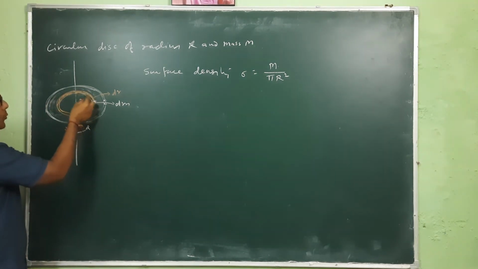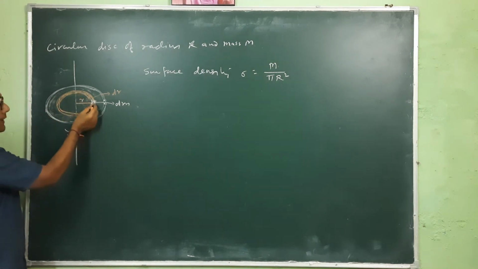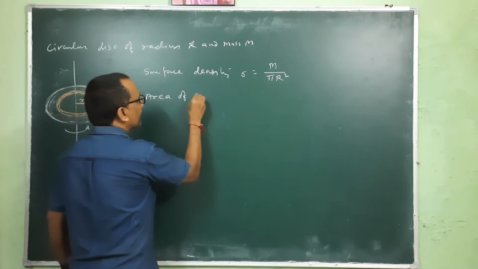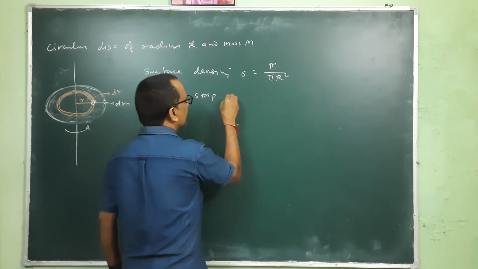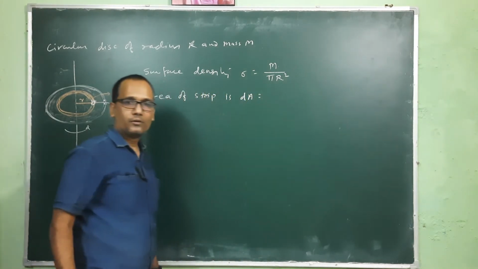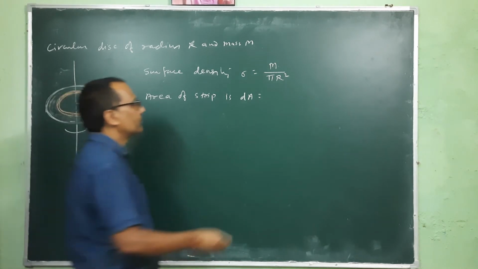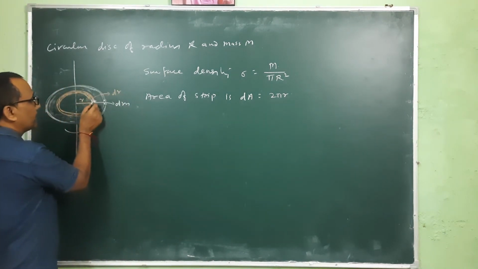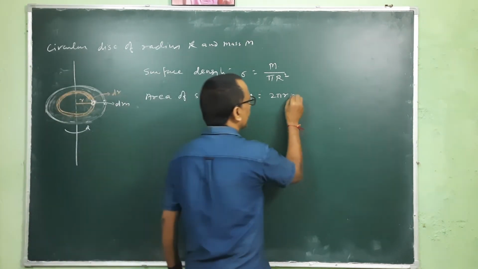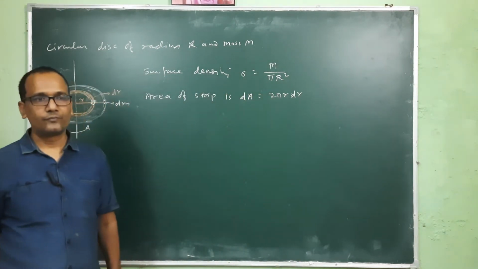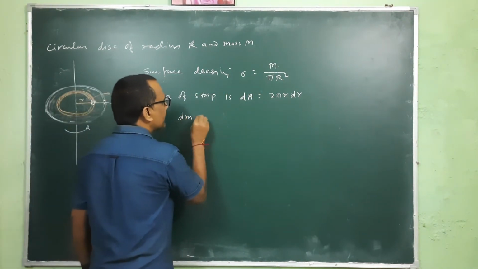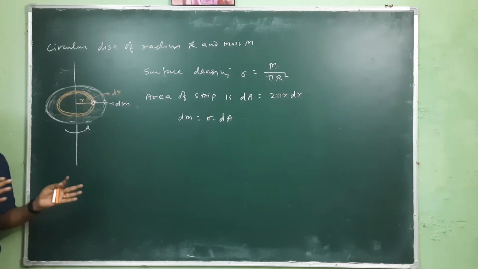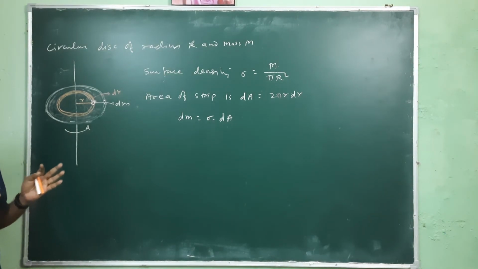The perimeter is 2 pi r and the thickness is dr, so the area of the strip is dA equal to 2 pi r dr. Then dm is equal to sigma multiplied by dA. This is not new; we did the same practice in one of the lectures.